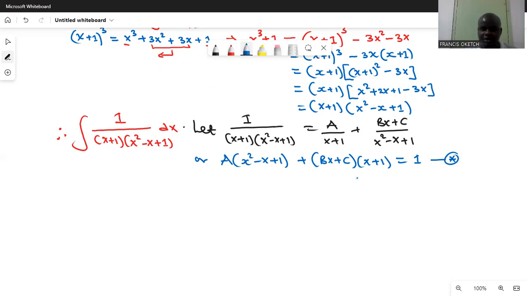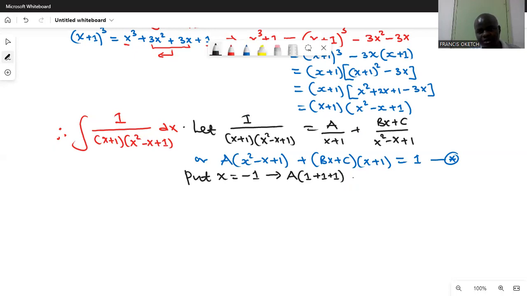Another method, which is easier, I want to choose some values of x that will help me eliminate some terms in this equation star. So if you look at our equation star, if I put x equals -1 in equation star, that will help me eliminate the second term. So this will give us a times -1 squared is 1, minus -1, which is simply plus 1, plus another 1.